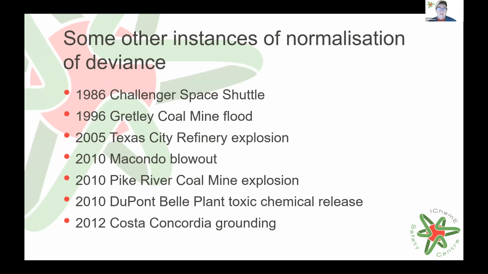The miners had started to bypass the methane alarms because the methane alarms kept going off and stopping the mining machines. So they wanted to keep mining. They were being pressured to keep mining. So they normalized that it was okay to turn off the methane detectors. They didn't detect that the methane was building up to such an extent that it could explode. And it caused that tragic, significant explosion.